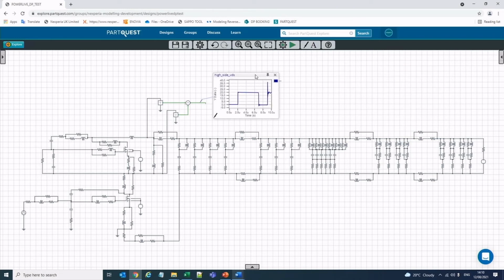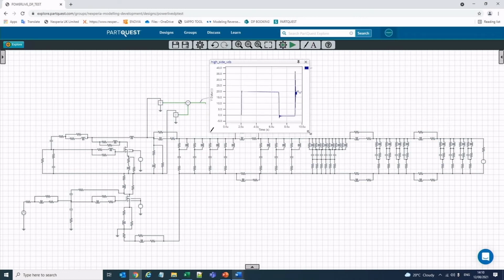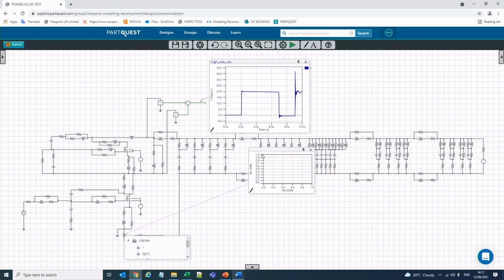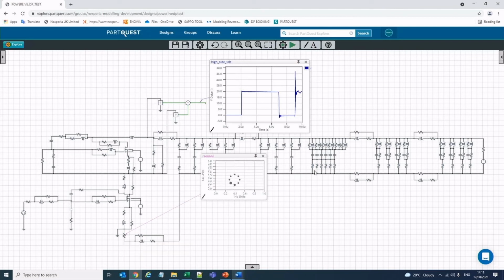Make it a bit bigger. And similarly, we probe the current. And we make it bigger.